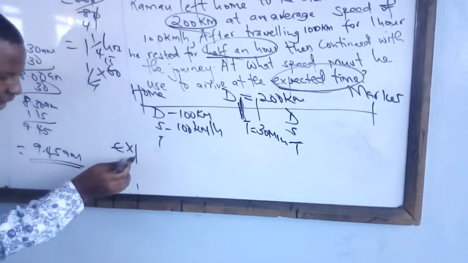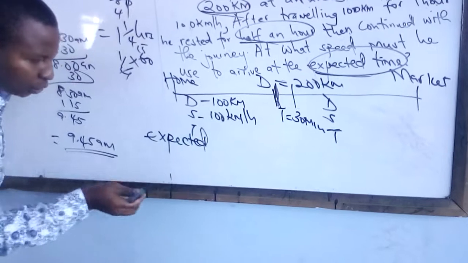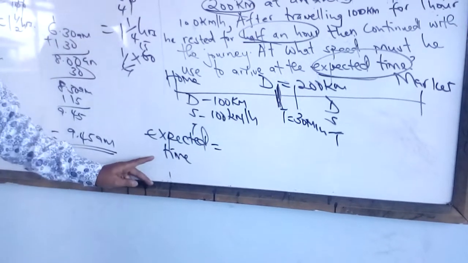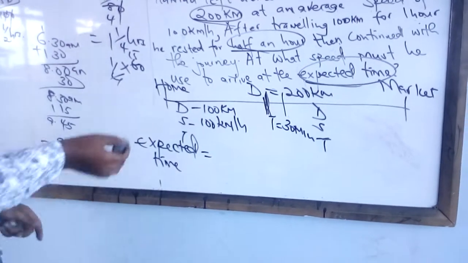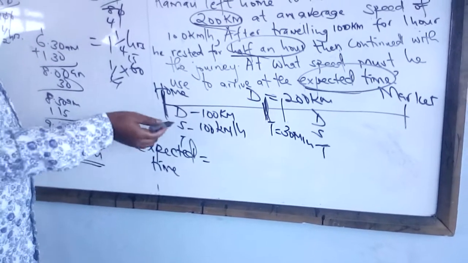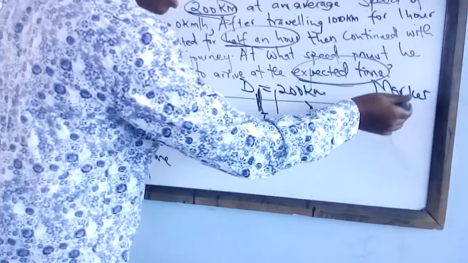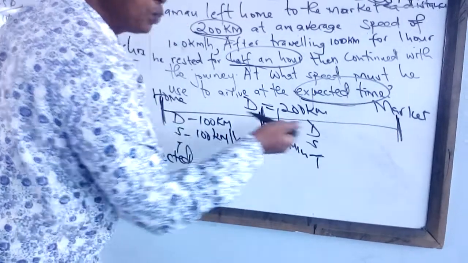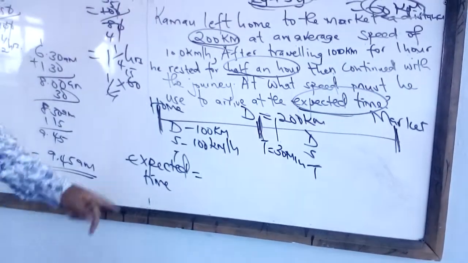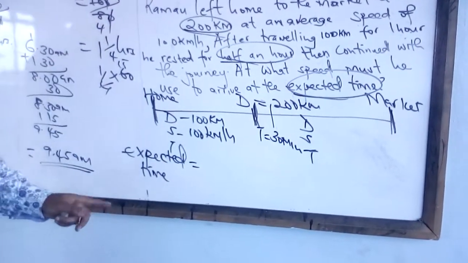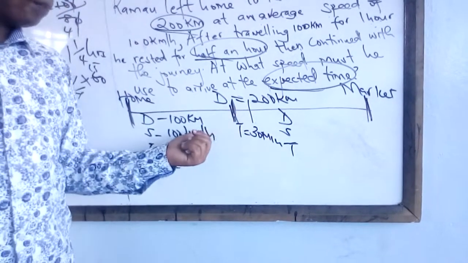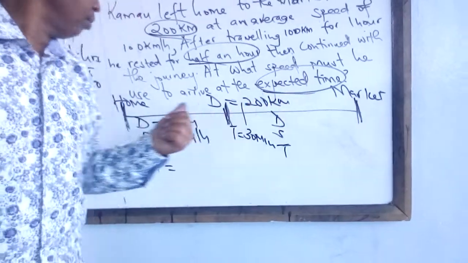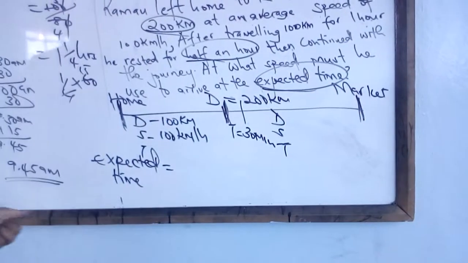If you come across a question asking expected time, it means if the person started the journey maybe at 6 and is arriving at 8, the expected time was supposed to be 2 hours. So expected time means it will not change. Even if something happens on the way, time must remain. If it is 2 hours from home to the market, it must remain 2 hours.